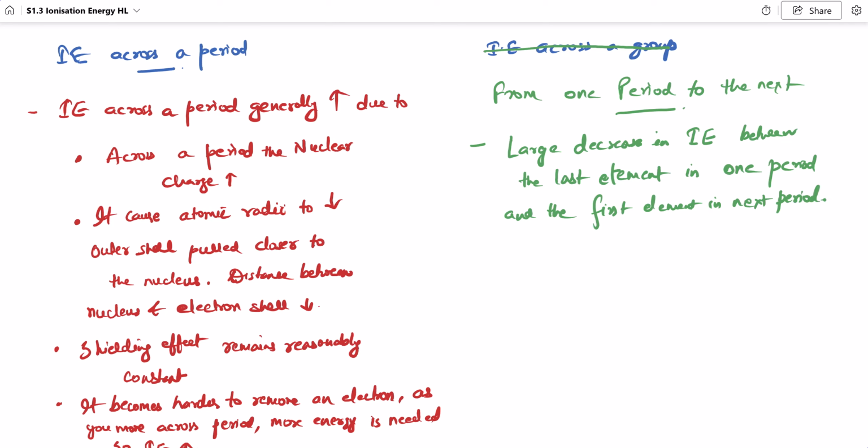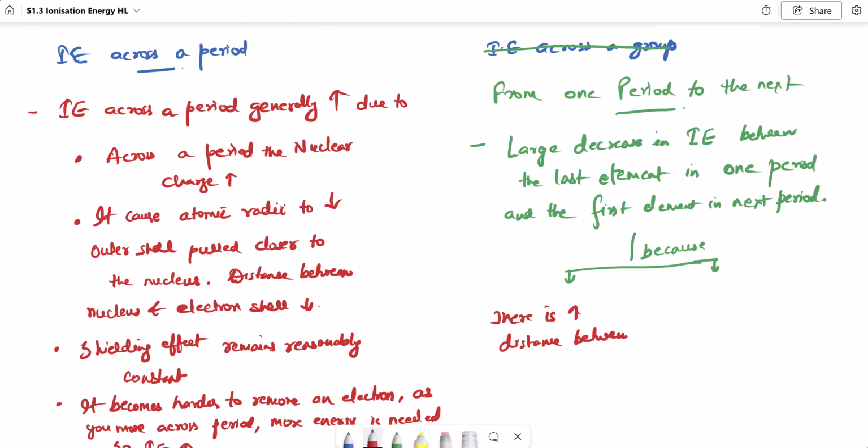Now why is this happening, why is it decreasing? Because of two reasons. First, there is increased distance between the nucleus and the outer electron shell, because you have added a new shell.